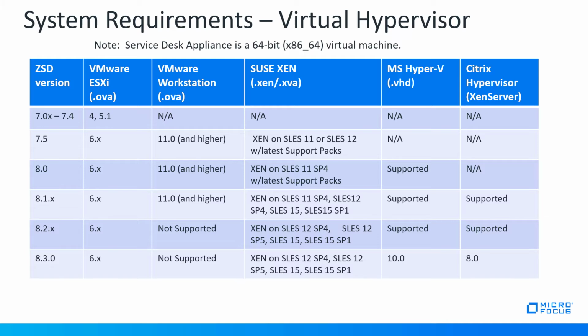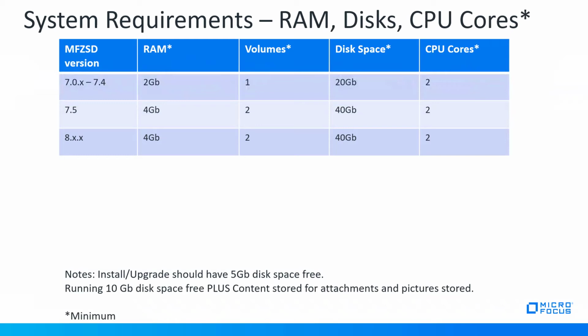Hypervisor requirements are here as well. Not much change throughout, except at 8.2 we stopped supporting the VMware workstation. And then some of the system requirements, making sure that you have the proper RAM disks and CPU cores. These are all listed also in the upgrade cookbook as well.